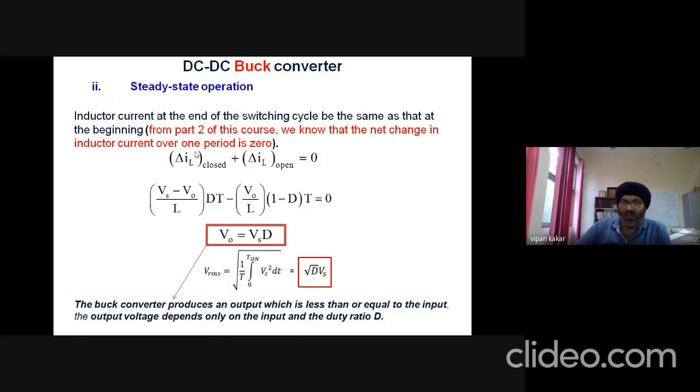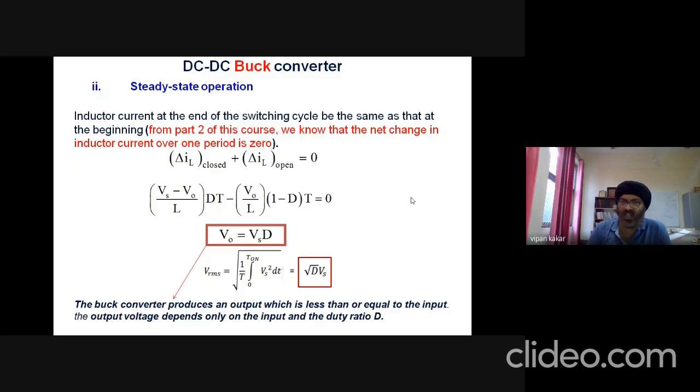Okay, so we have already discussed in part 2 of this course that the net change in inductor current over one period is 0. Whatever the inductor current has stored during the positive half cycle, or during switch on, has to be released during switch off.